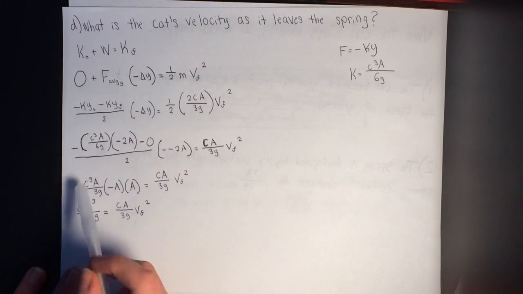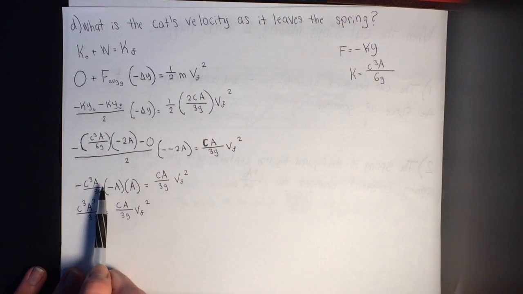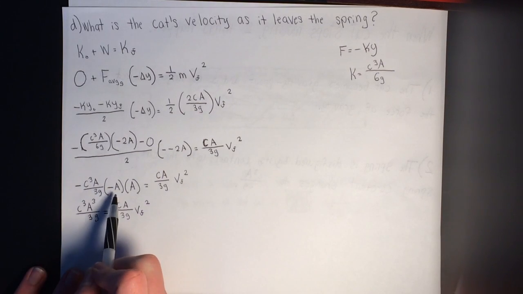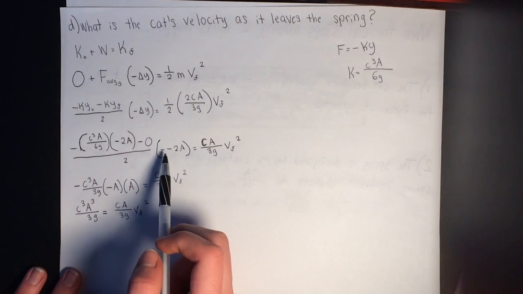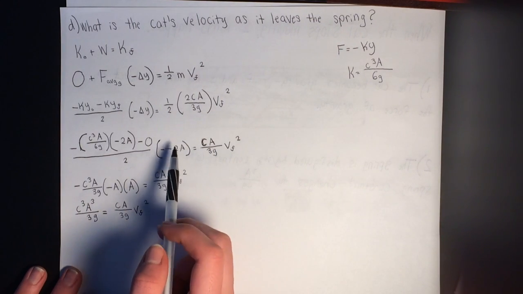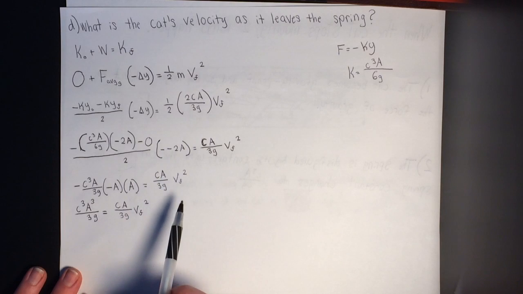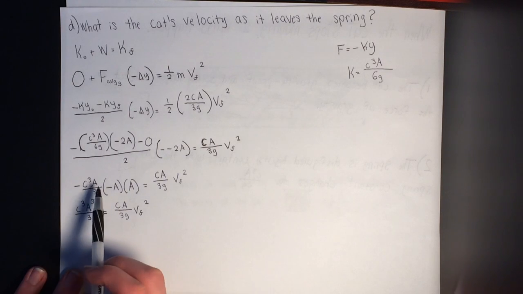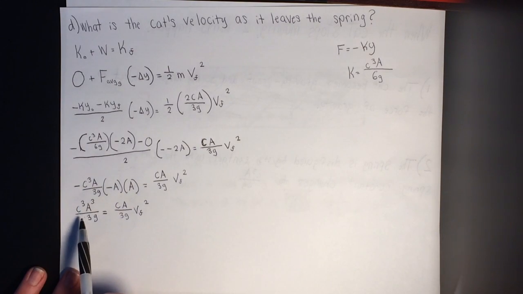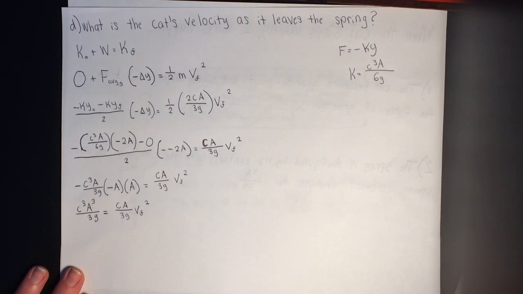So we can get c cubed a over 3g times negative a times positive a, because these two negatives cancel out. This side is the same. Then we can eliminate these two negatives to get a positive on this side, and there are 3 a's. C cubed times a cubed over 3g equals ca over 3g times v final squared.